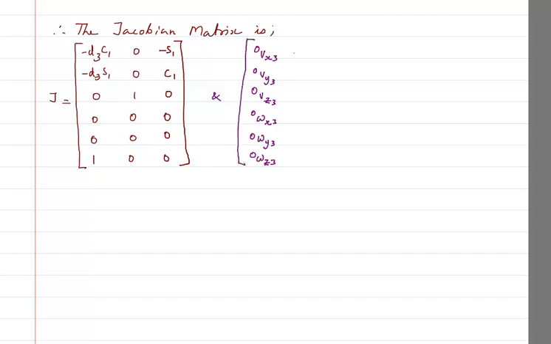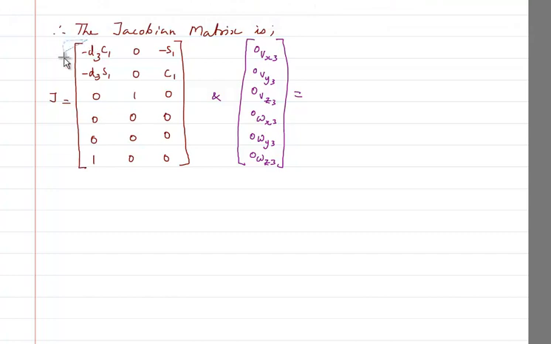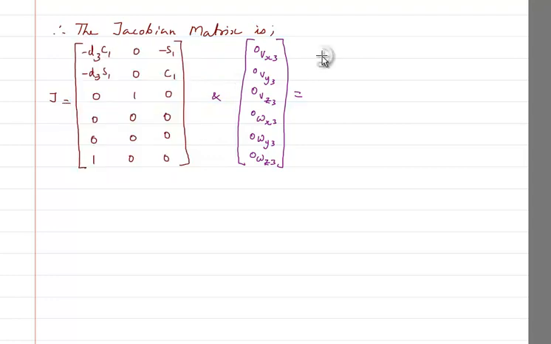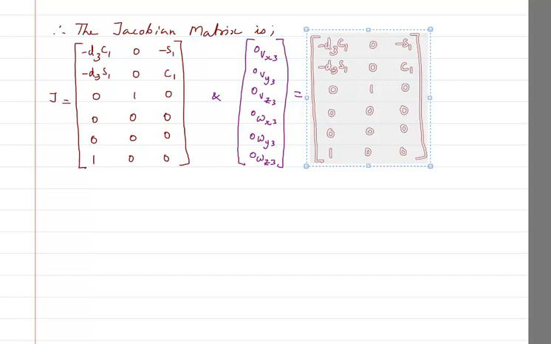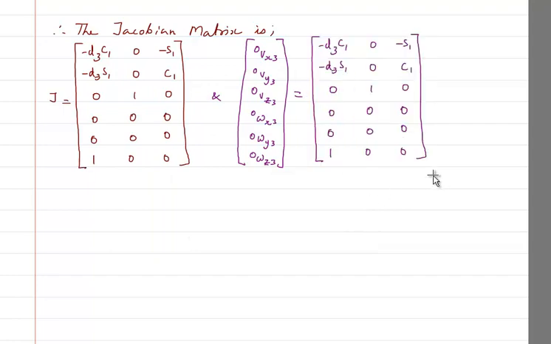This is going to be equal to, according to our equation of velocity kinematics, I have to write the Jacobian straight away there. I will take that Jacobian and I will place it here. That multiplied with the three joint variables.